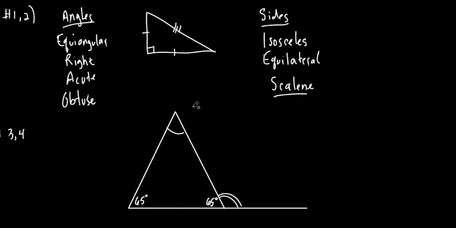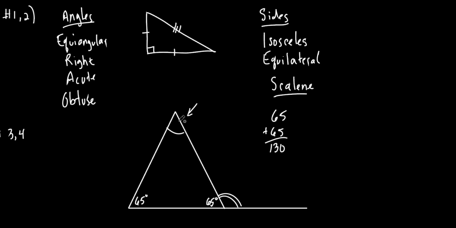Okay? So how do I find that angle up top? Okay, so add them together. So what's 65 and 65? How about 130? Look, you can't have two angles of a triangle adding up to 180 because what's the other one going to be? You can't have a 0 degree angle, right? So these two cannot add up to 180, all right, because you got three angles here, and all three angles add up to 180.